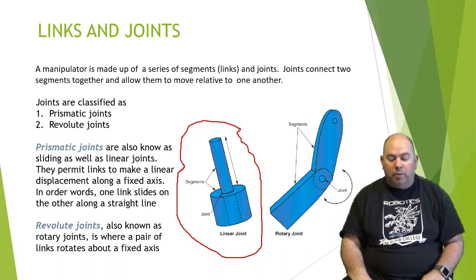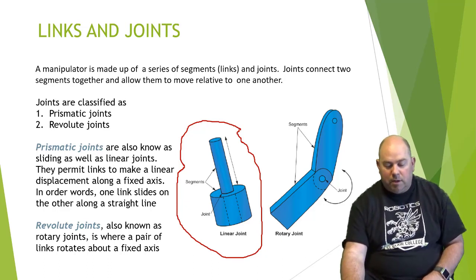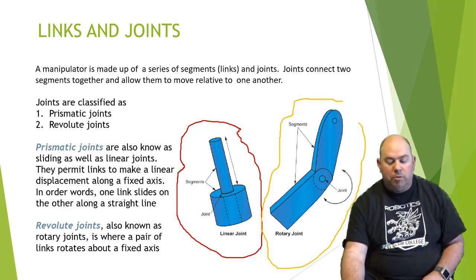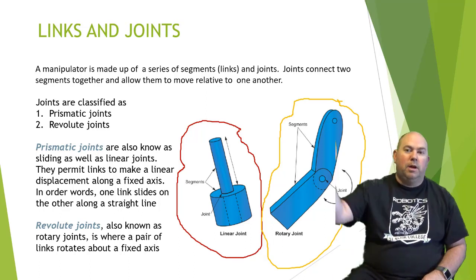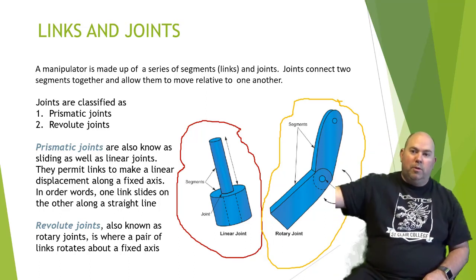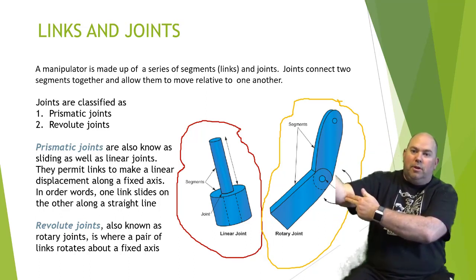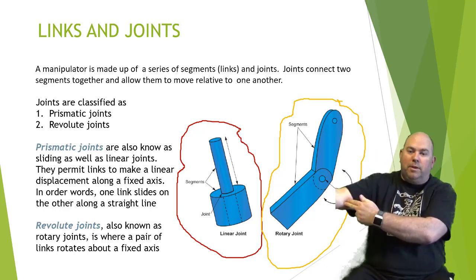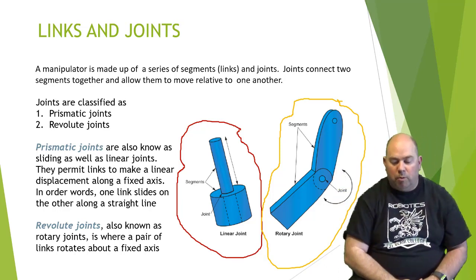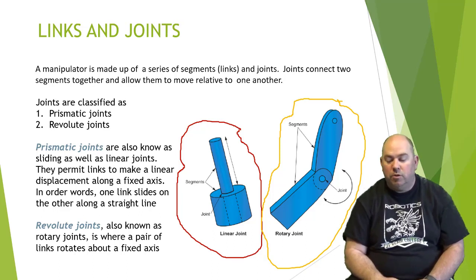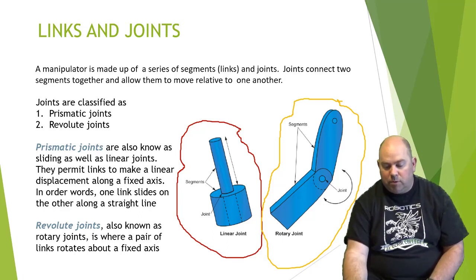A revolute or a rotary joint, that is the second picture here. That is like most of the joints in your human body, so like your elbow. So basically fixed axis, something rotates around that fixed axis, that would be a rotary or a revolute joint. Two different types of joints we're talking about.